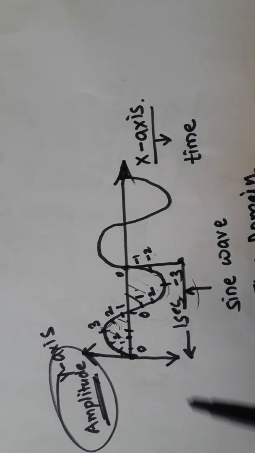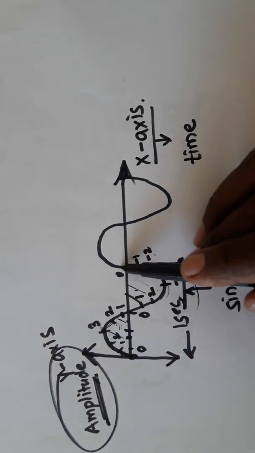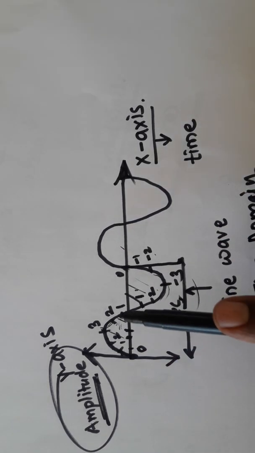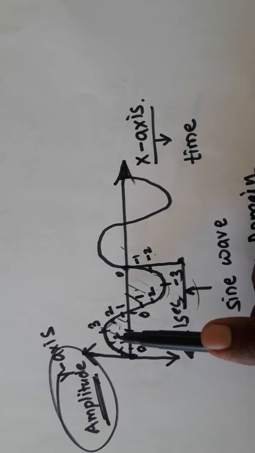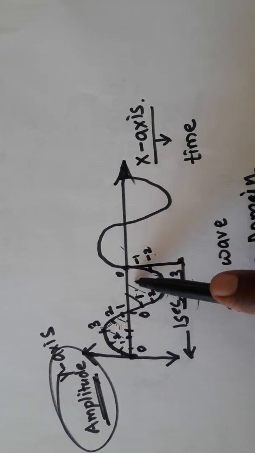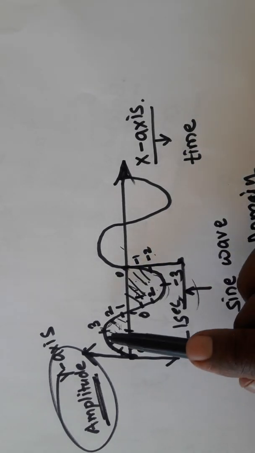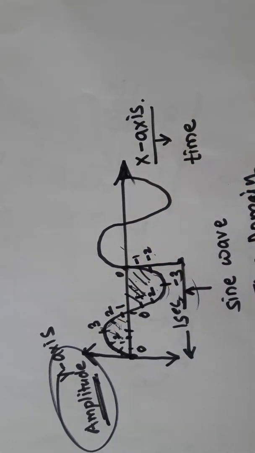So how many cycles pass within 1 second decides the frequency. One cycle is a combination of two half cycles: this is one half cycle and this is another half cycle. These two become a full cycle, right?